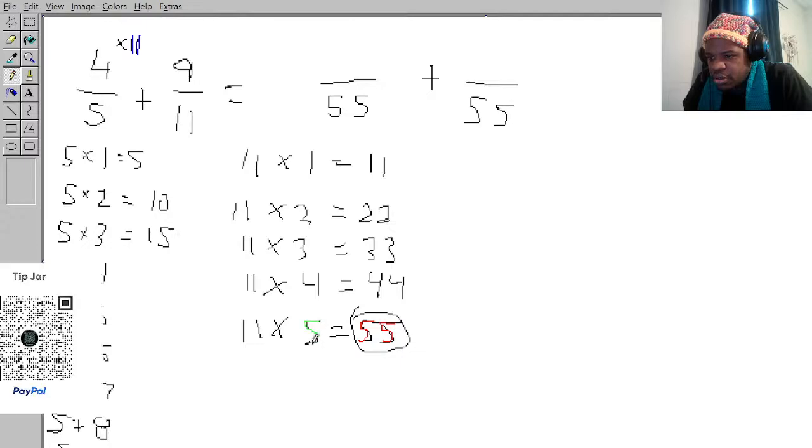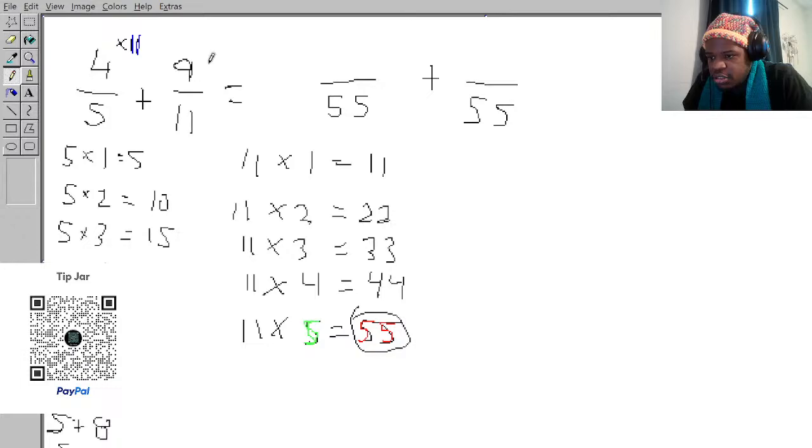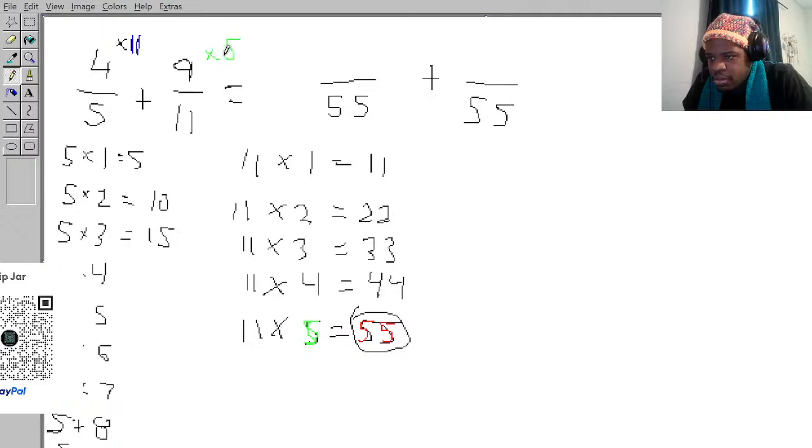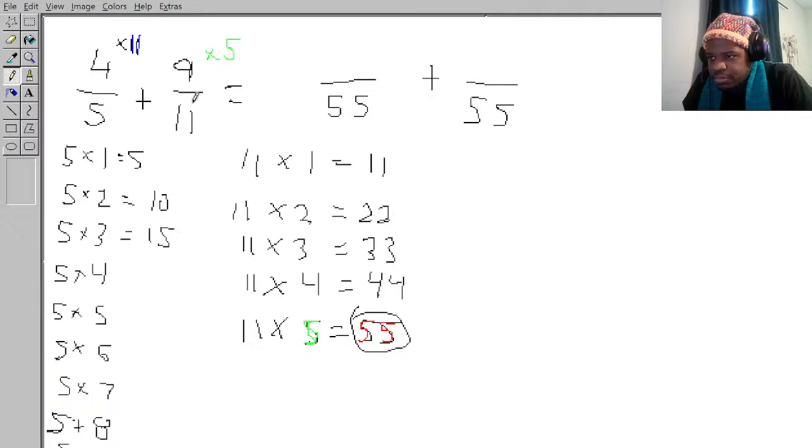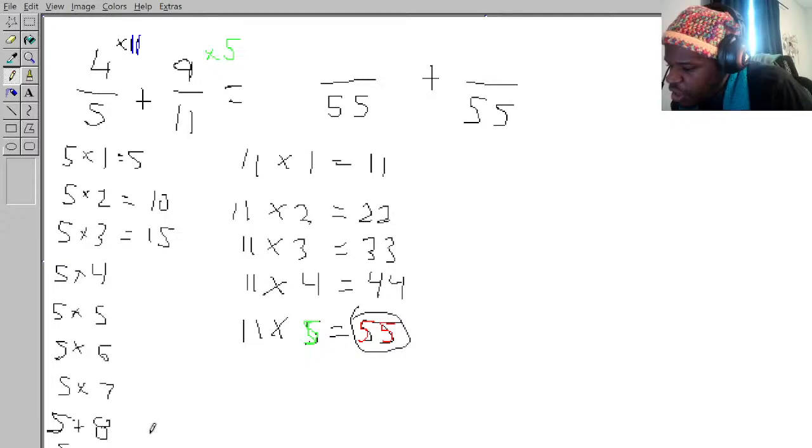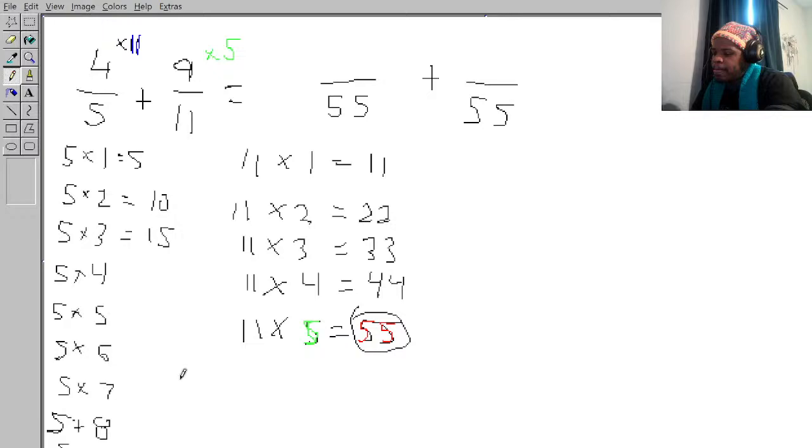So I'm gonna multiply this by 5, because it's what made this 11 into 55. So just so you guys are following along, we found the least common multiple.